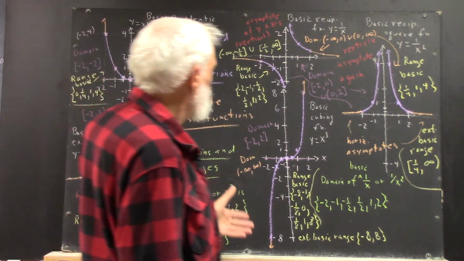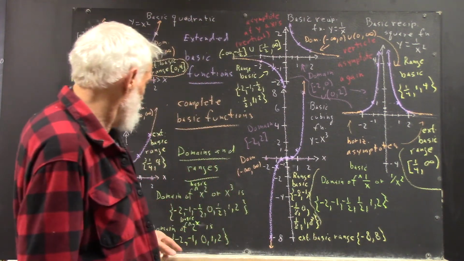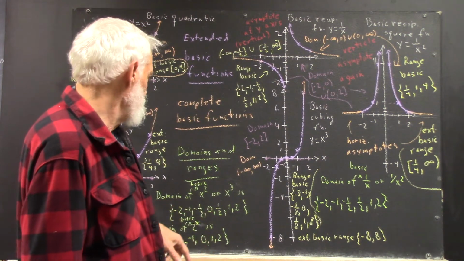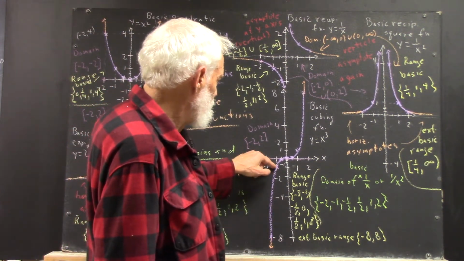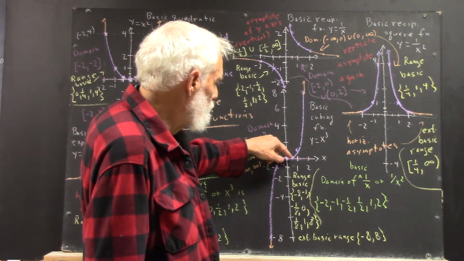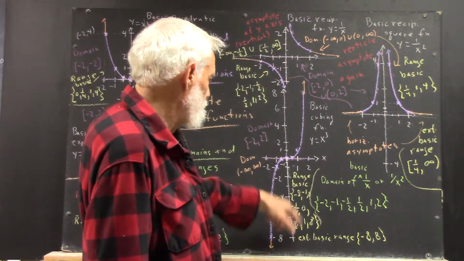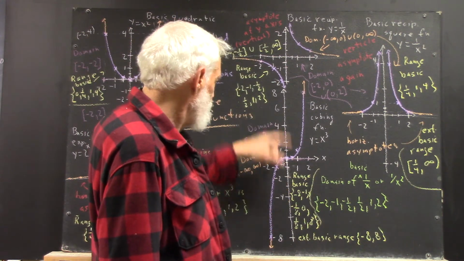For the basic cubing function, again, we already said the domain consists of all the standard values, and the range is the set of y values, which are -8, -1, -1/8, 0, 1/8, 1, and 8. So here I've written out the range of the basic cubing function.